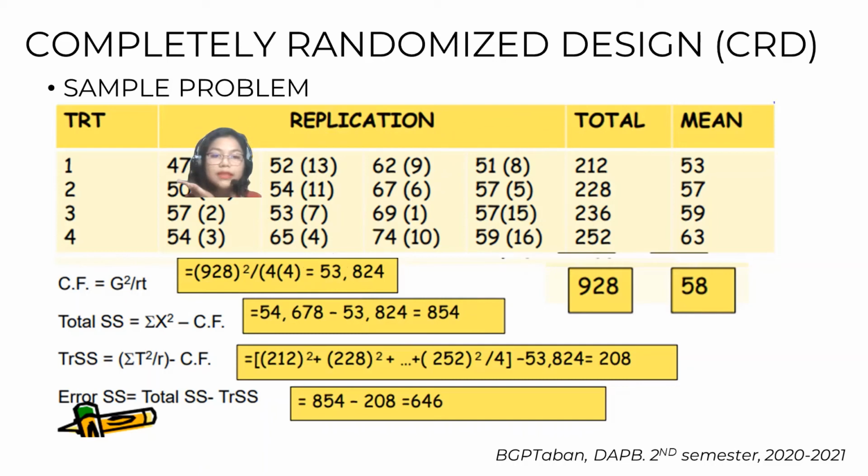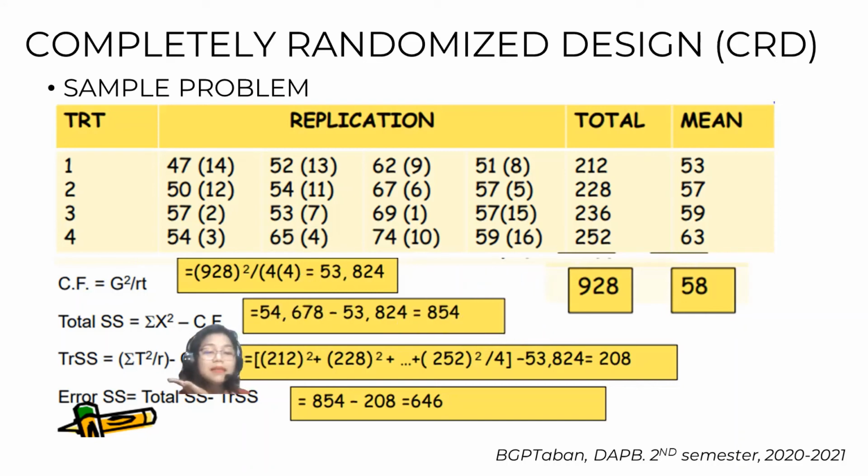Tapos, ito pong 47 squared, 52 squared, 62 squared, 51 squared, 50 squared, 54 squared, 57 squared, 57 squared, hanggang umabot tayo sa 59 squared. Lahat po ng values na ito, i-square natin isa-isa. Tapos, i-add po natin silang lahat. Ang total po nun ay 54,678. I-subtract po natin yung ating correction factor sa value na ito to come up with 854.